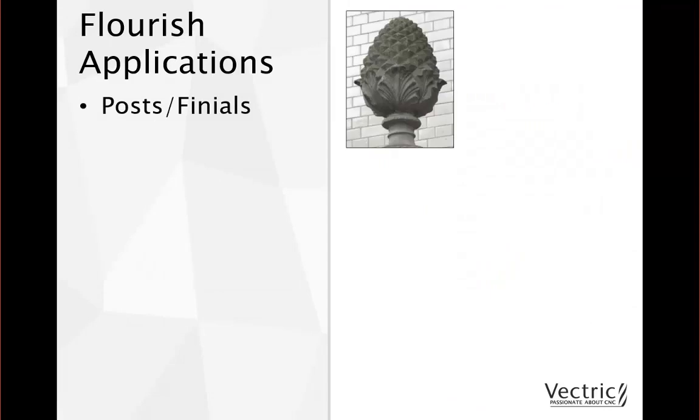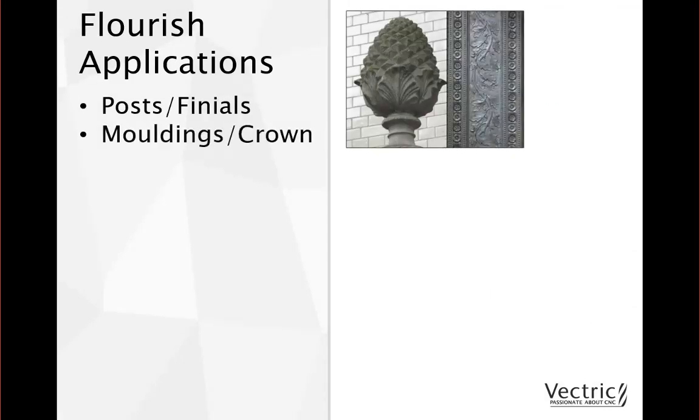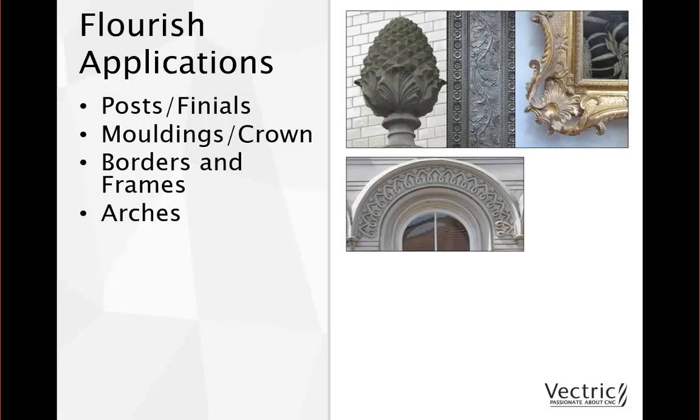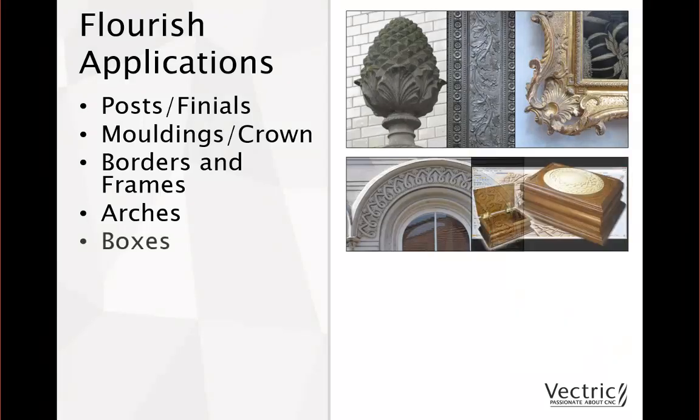Some other applications, posts or finials like the one you can see here. Mouldings or crown mouldings, so essentially where you've got something repeating in a straight line. Borders and frames, so there's a pretty ornate example in the image there. Arches, so these are similar to sort of mouldings and crown, except typically you might find that it's just been bent around an arc, and that's something that the software is very good at doing.